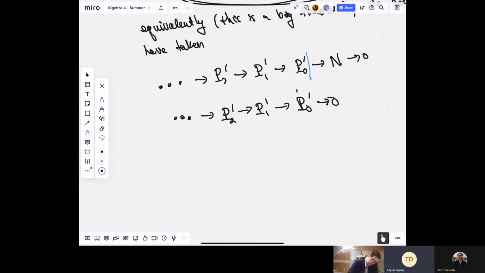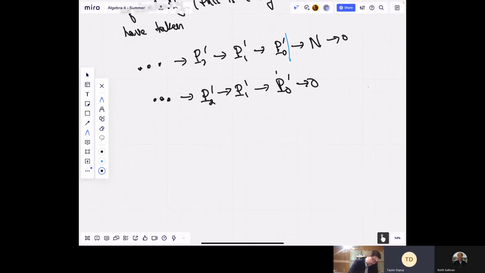Okay, and then we apply a functor. We're applying M now, and we get the 0 functor.